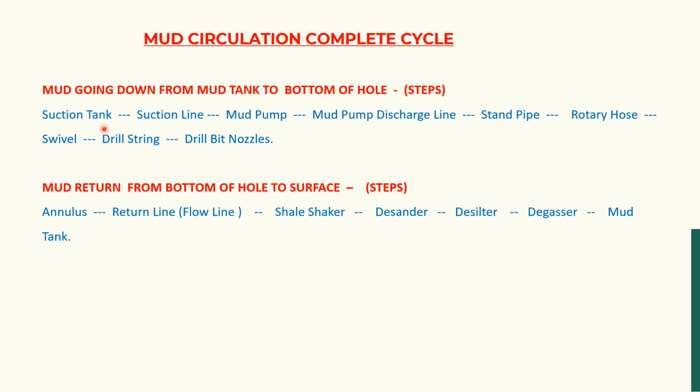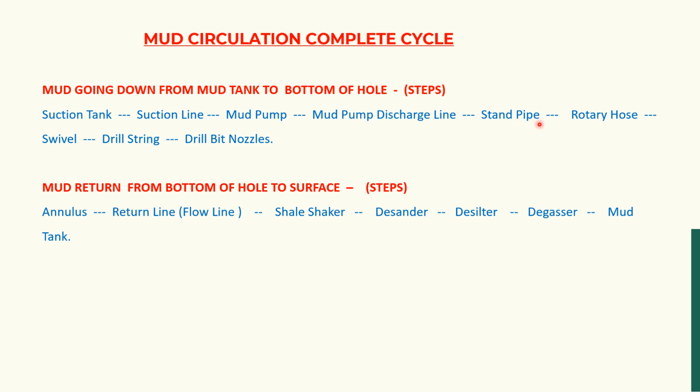First of all, the mud is taken from the suction tank through the suction line, the line which connects the mud pump and the suction tank. It's called the suction line. Then from the mud pump to the mud discharge line. Then from this line it goes to the standpipe.